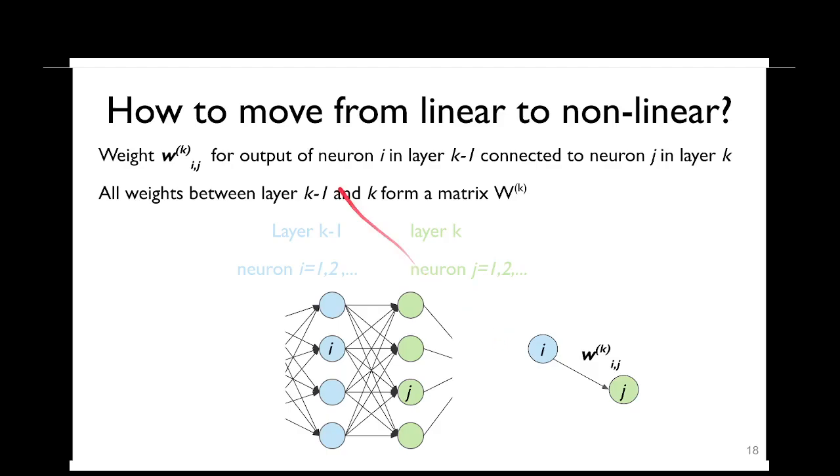So we introduce a weight W^k_ij, which means this weight is found in the layer k, and it's connecting the neuron i in layer k-1 with a neuron j in layer k. So this is exemplified over here. In blue we have the neurons of layer k-1.